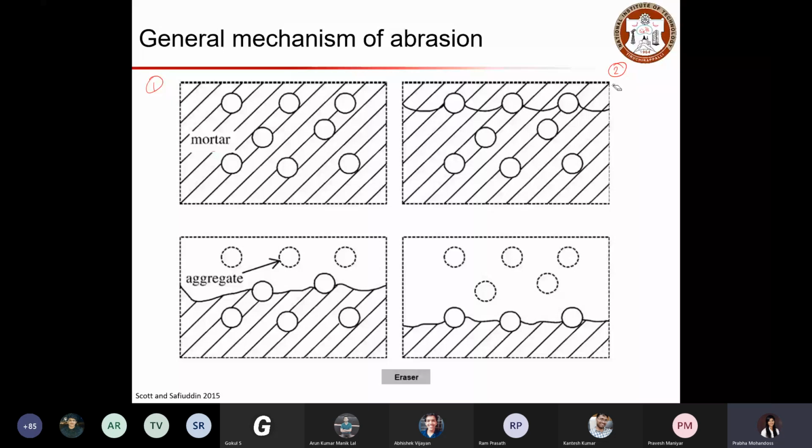So here you see part of the aggregates are exposed, and some part of your cement matrix got lost. So you can observe a small surface loss at that point.